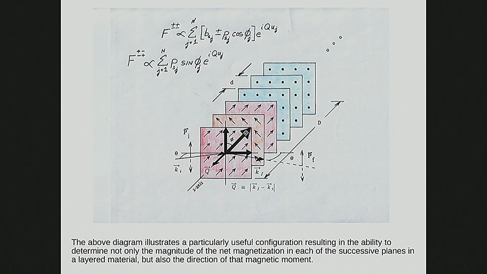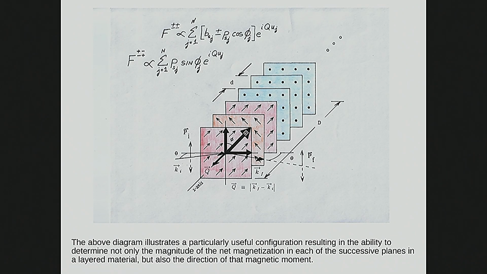So if I measure all four of these reflectivities or scattering cross sections, with the device we saw a few slides back, that polarized beam reflectometer, if I measure plus to plus scattering, minus to minus, plus to minus, and minus to plus, then we get out not only the nuclear and magnetic magnitude depth profiles as a function of position along the z-axis, but I also get out the projections on the horizontal and vertical axes, which means when I add the two components together, I know what direction the magnetization is pointing in.